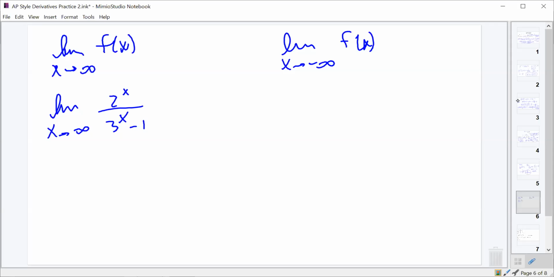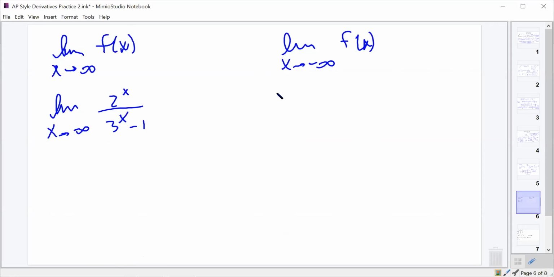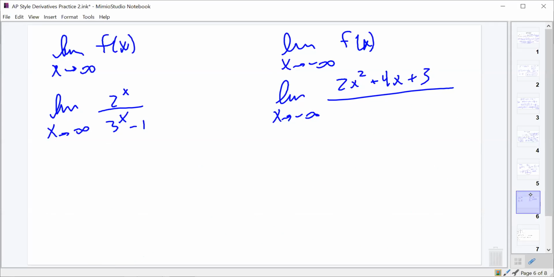And if we're going towards negative infinity, then it should be this 2x squared plus 5x minus 3 over x squared plus 4x plus 3.